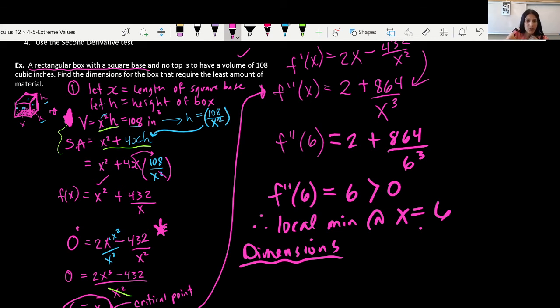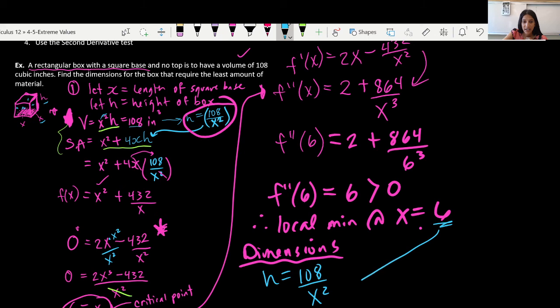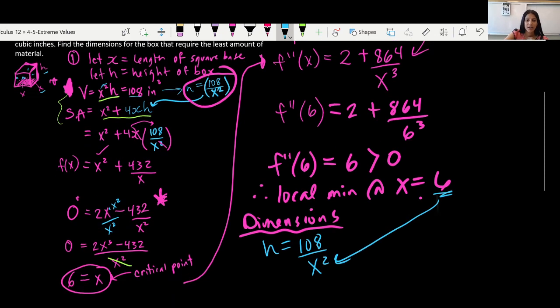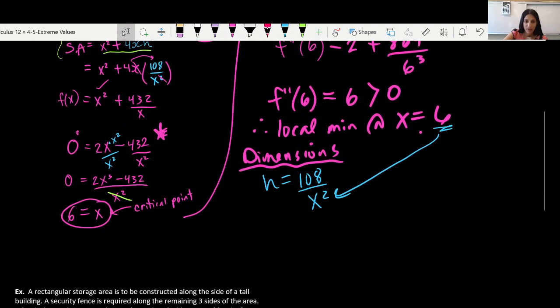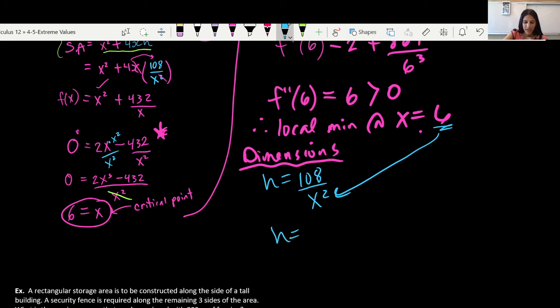Or there's the other one, remember we had isolated it here, h equals, maybe I'll rewrite it and I'll even color code it. h equals 108 over x squared. And if x is 6, I'm just going to take that and plug it in here. So when I work my way through that, I would find that h is equal to 108 over 6 squared, which is 108 over 36. So we get 3.